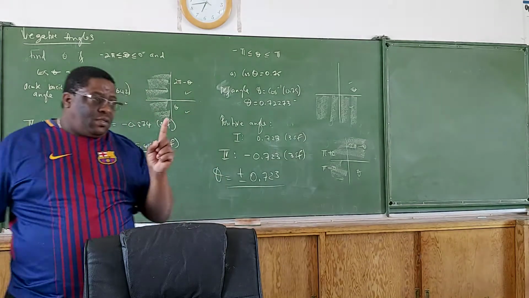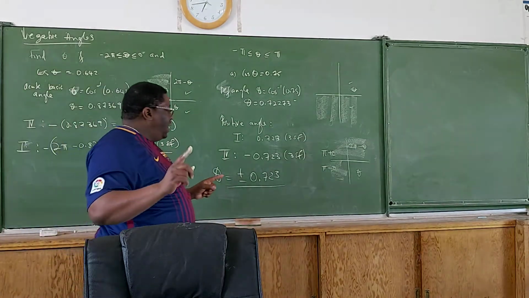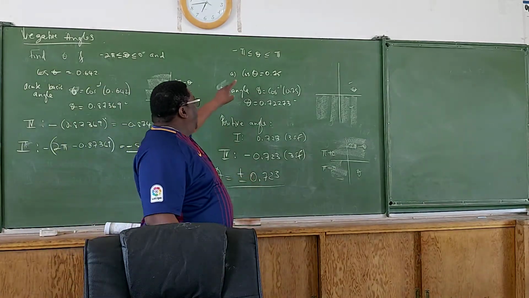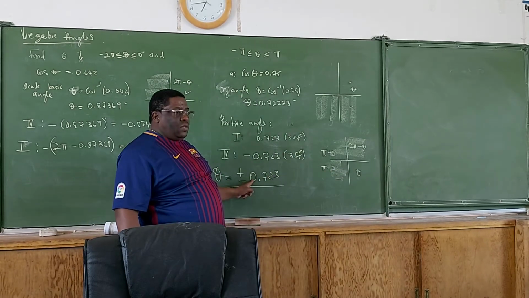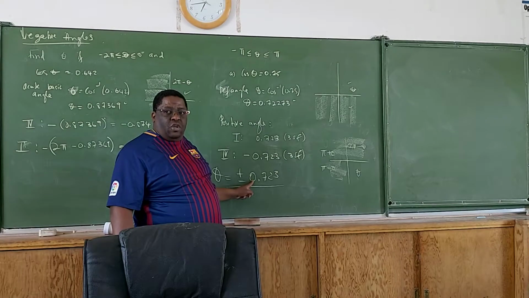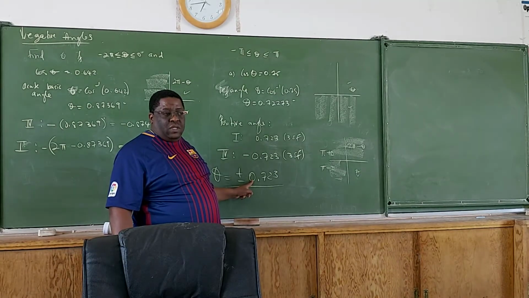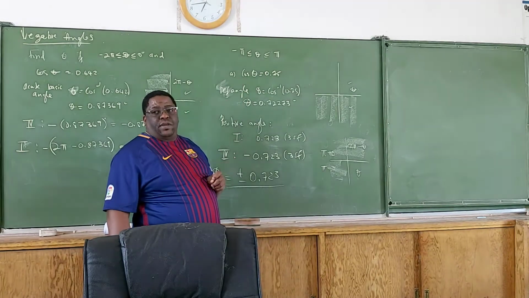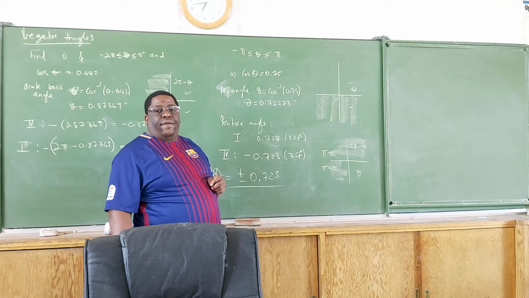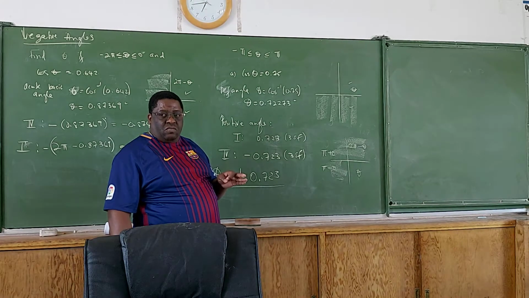So if you press on your calculator, just give me 1 minute. If you press on your calculator, cos of negative 0 point there, you're going to get a ratio that is positive, 0.75. Does it make sense to you?